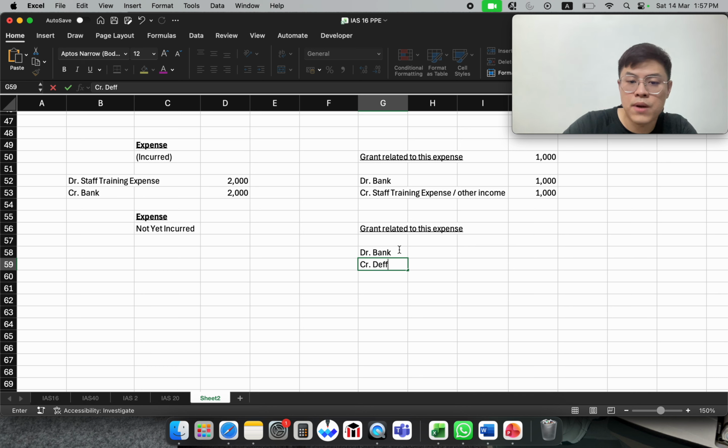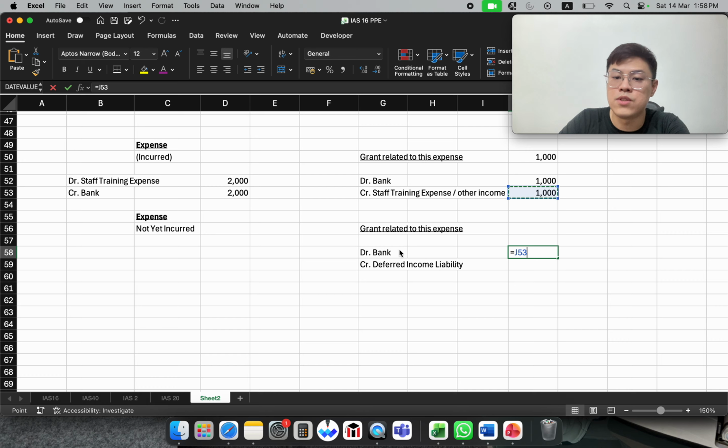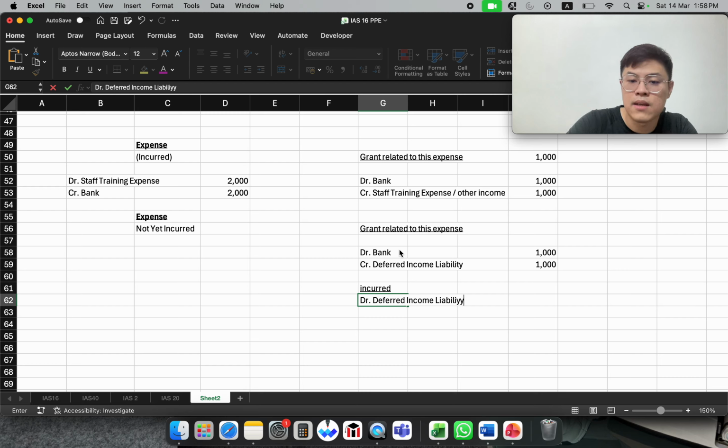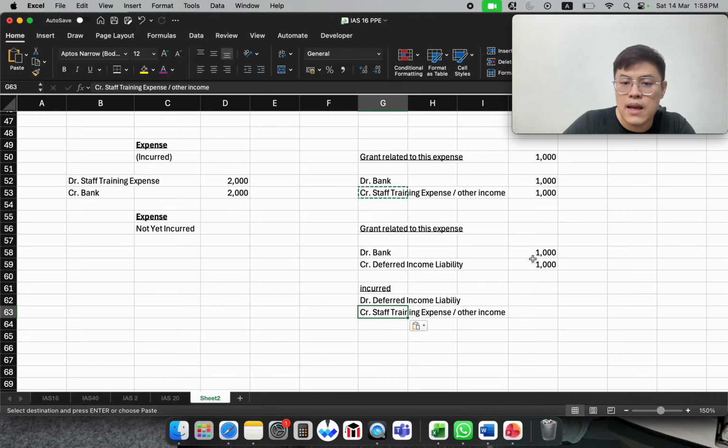You will need to credit into the deferred income liability grant account. You just put it under SOFP first. Don't hit SOPL until you have incurred. Then only you reverse by debiting deferred income liability, and this is the time you can credit your staff training expense or other income when you have incurred.